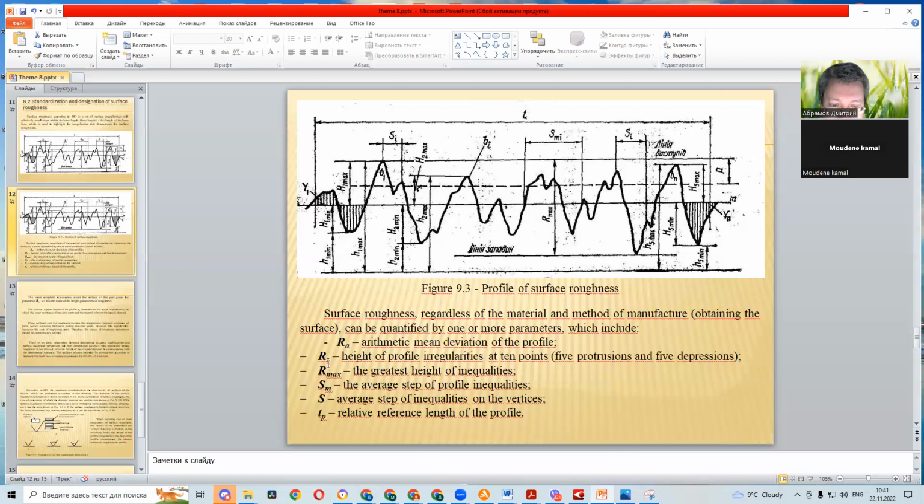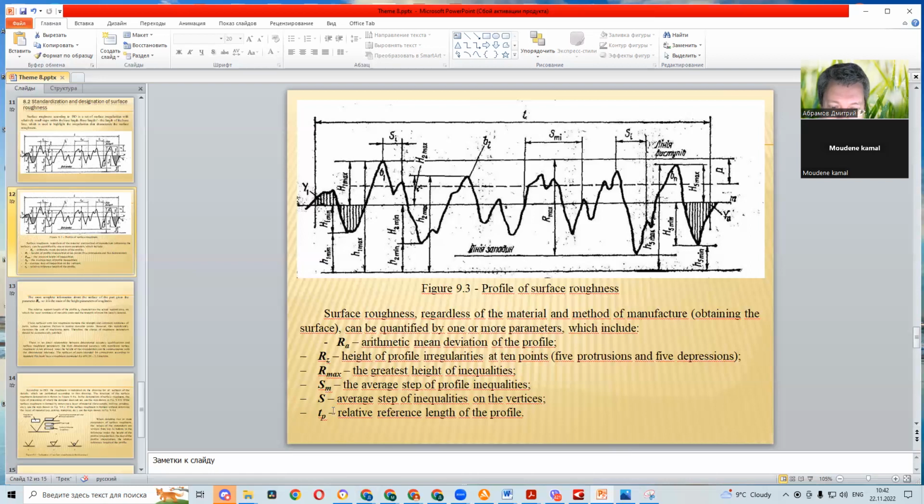Rz: height of profile irregularities at 10 points, 5 protrusions and 5 depressions. Rmax, the greatest height of inequalities.